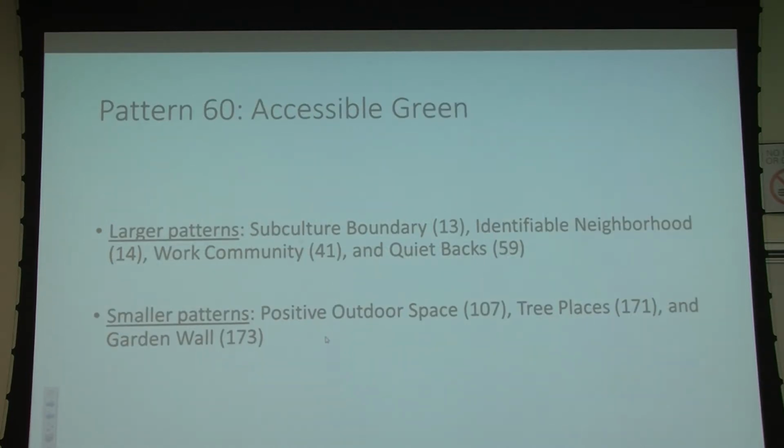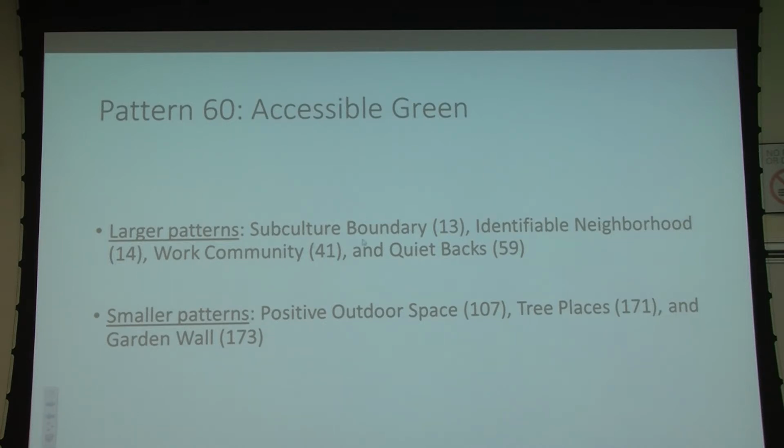Okay. So he talks about here, that's my example. This is all from the first night. One of his patterns is called the accessible green. And if you think about around, like behind Zimmerman Library and around UNM, how they have those beautiful green spaces, right? And that's one of his archetypes, right? The accessible green. And you think about how you feel when you go to those places, okay? So his accessible green pattern is a part of these larger patterns. It's inside these other ones.